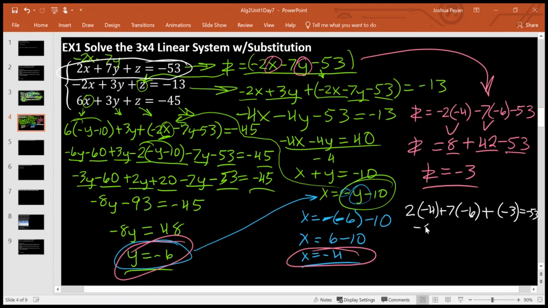That gives me negative 8, negative 42 here and here, minus 3. This gives me negative 50. This gives me negative 53, which is in fact equal to negative 53. And I've got it.